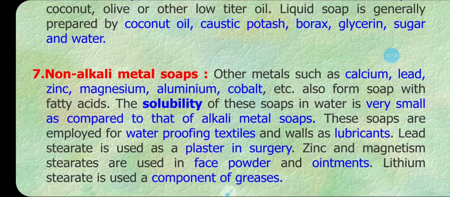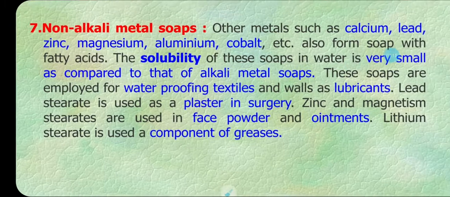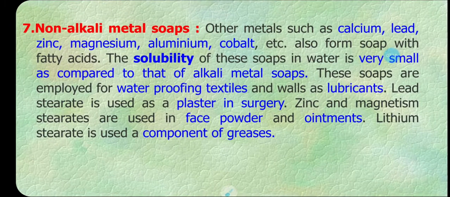And the last class of soap is non-alkali metal soap. That means in this soap, an alkali metal is not used for the neutralization or saponification reaction. Other metals also react with fatty acids, and we use heavy metal salts of fatty acids.